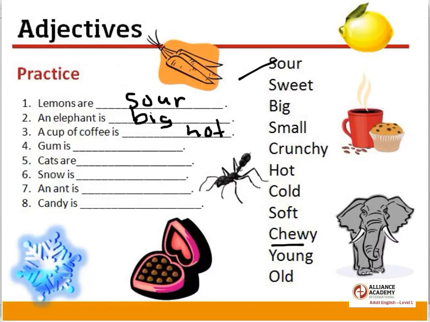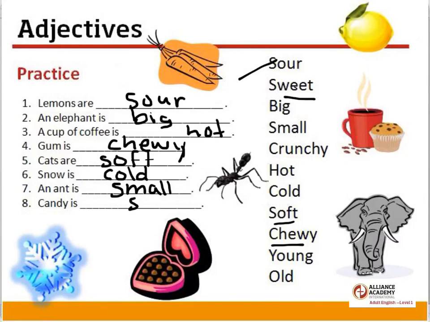Gum is chewy. Cats are soft. Snow is cold. An ant is very small. And candy is sweet.